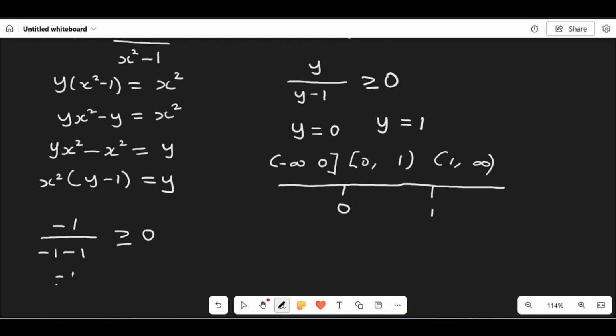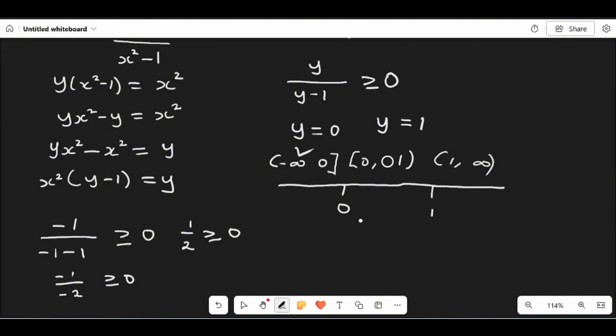Minus 1 over minus 2 is greater than or equal to 0. 1 over 2 is greater than or equal to 0. This inequality holds true, so this interval is included.